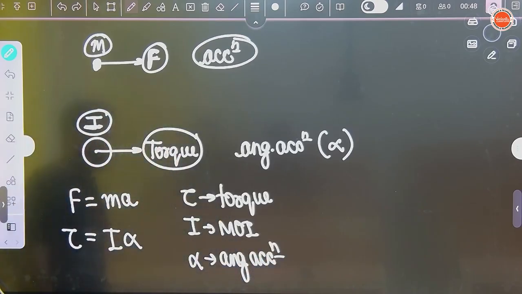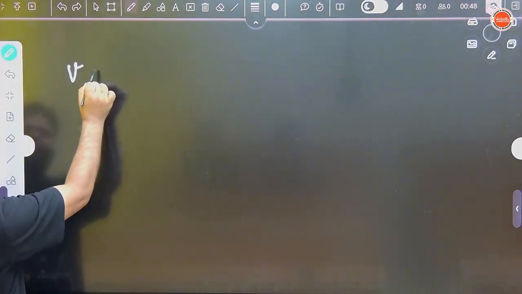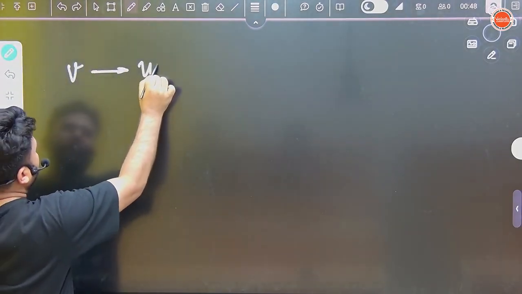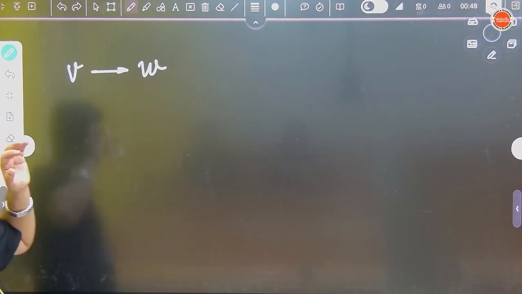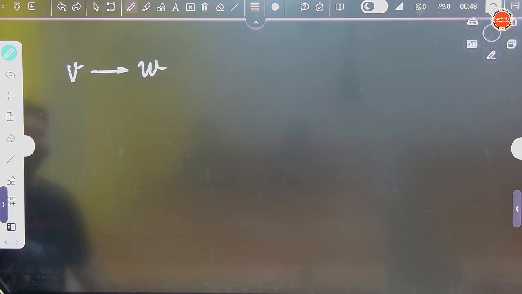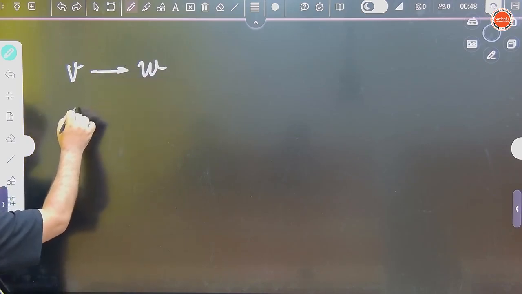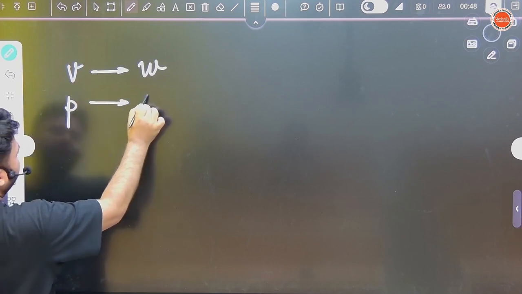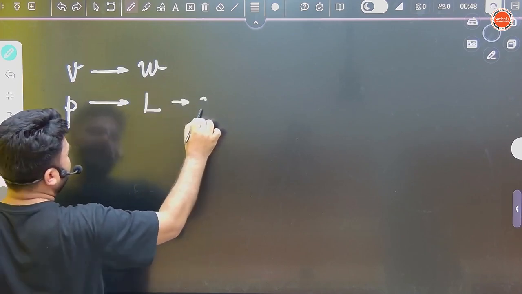Similarly, a lot of things are there. Like for example, here we have velocity in linear motion. In rotation, we have angular velocity. Circular motion you must have studied. Here we have linear momentum; here we have angular momentum.